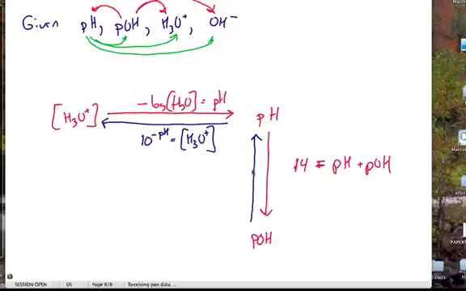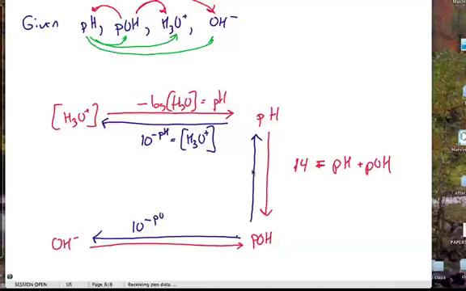And we can use pOH to figure out OH minus, because we know 10 to the negative pOH will equal OH minus.